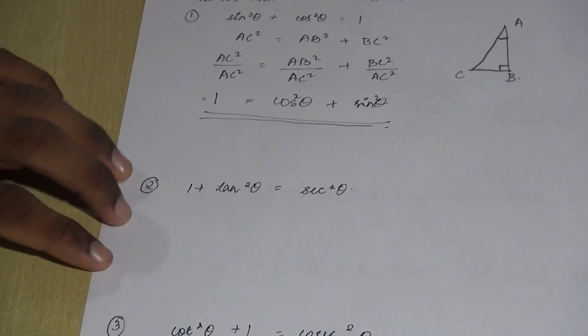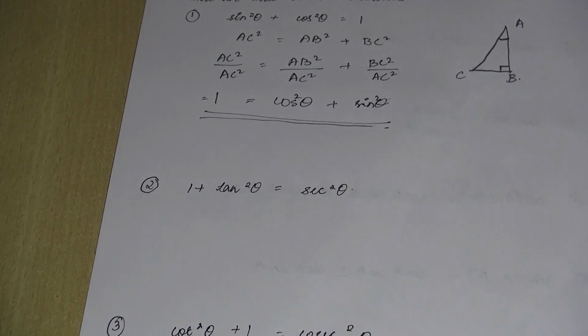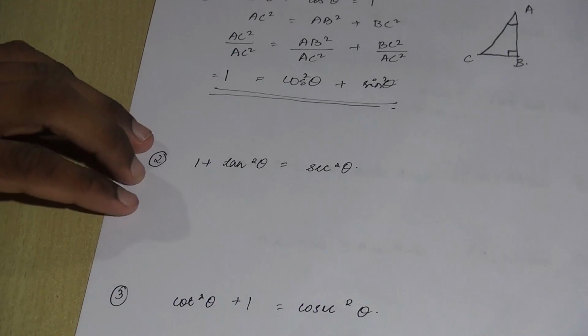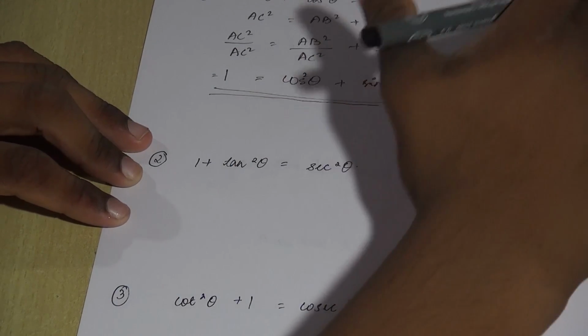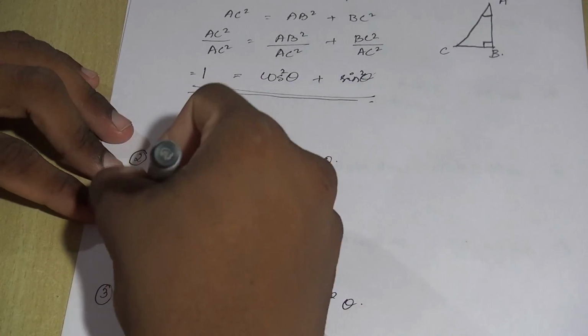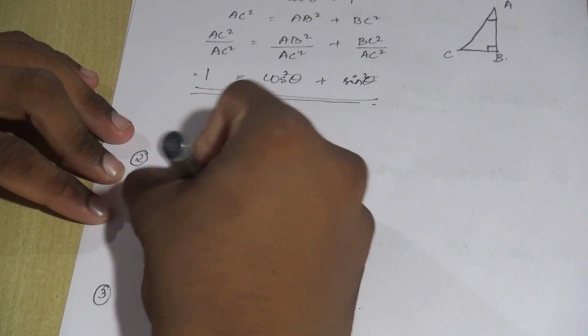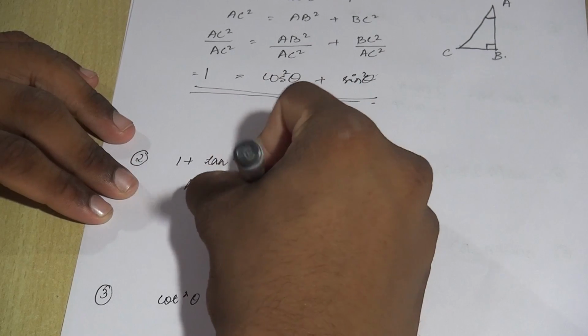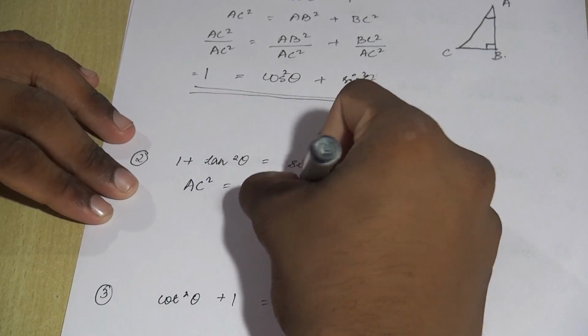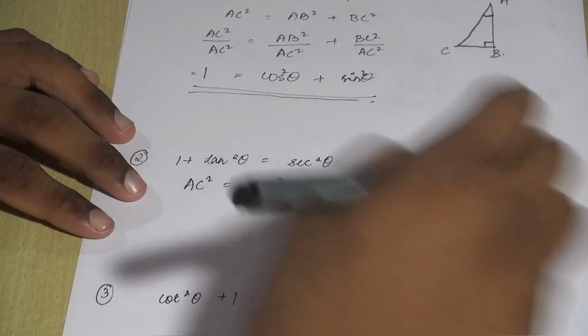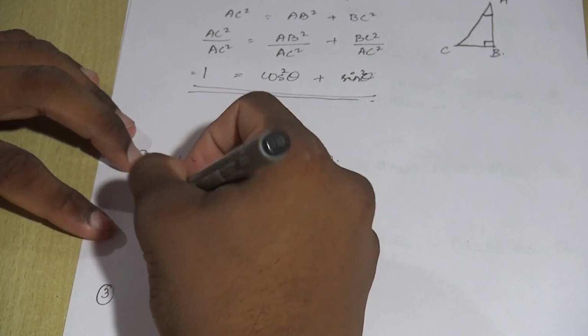In the second one, what we do is, now we divide everything by AB squared. So from this thing, AC squared is equal to AB squared plus BC squared. Divide everything by AB squared.